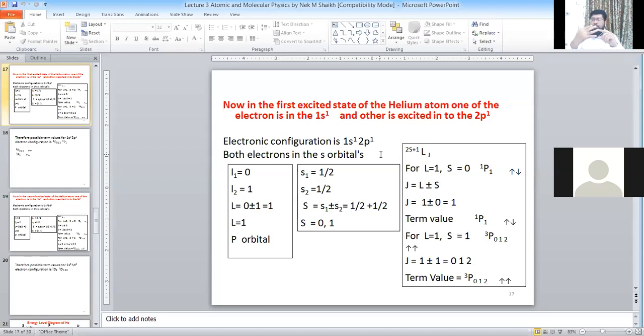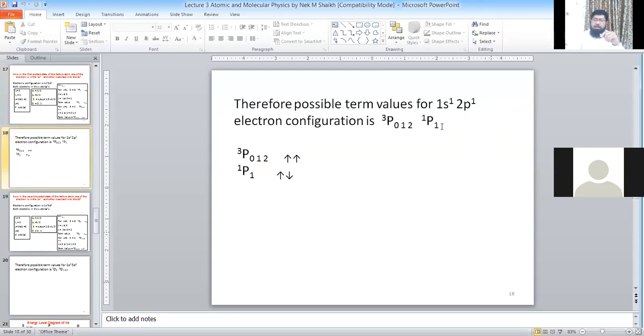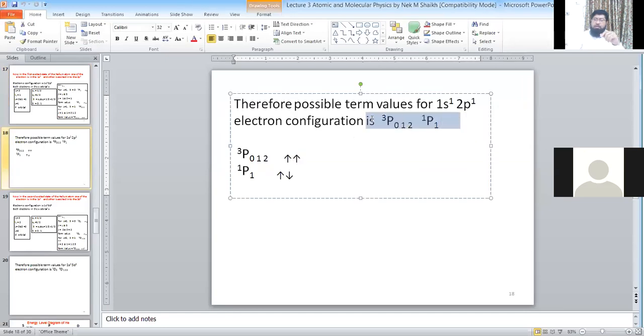So the total angular momentum is 1. Therefore the term values in this case are 1P1 and 3P0,1,2. These are the term values if the first electron is in the s orbital and the other electron is in the p orbital.